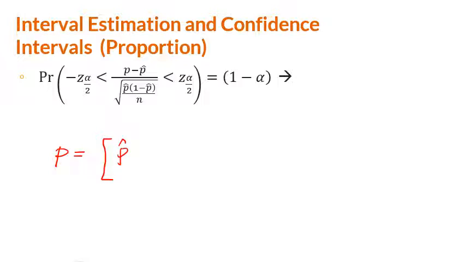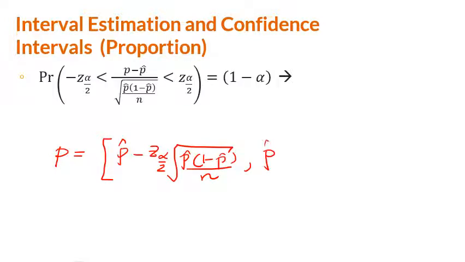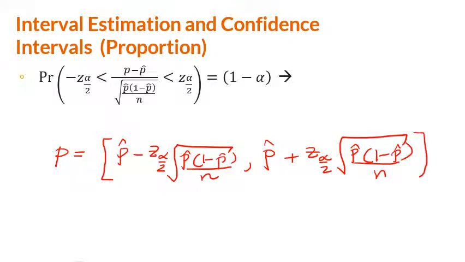So this is from your sample, P hat minus Z alpha over 2 times the square root of P hat times 1 minus P hat all over N, to P hat plus Z alpha over 2 times the square root of P hat times 1 minus P hat all over N. Okay, so similar to other confidence intervals, as N becomes very, very large, the confidence interval becomes smaller.